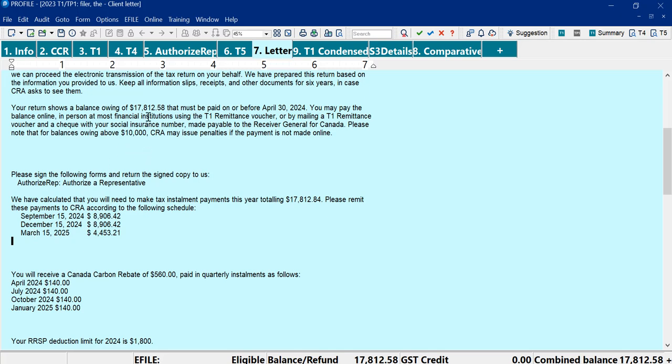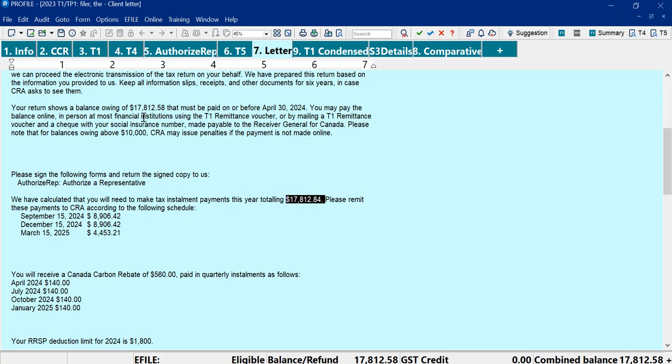This is a confusion here because the way it works out is that the balance owing must be paid on or before April 30th. This is a similar amount, so it comes up with the question, well, do I pay it in installments or do I pay it by April 30th, the total balance?